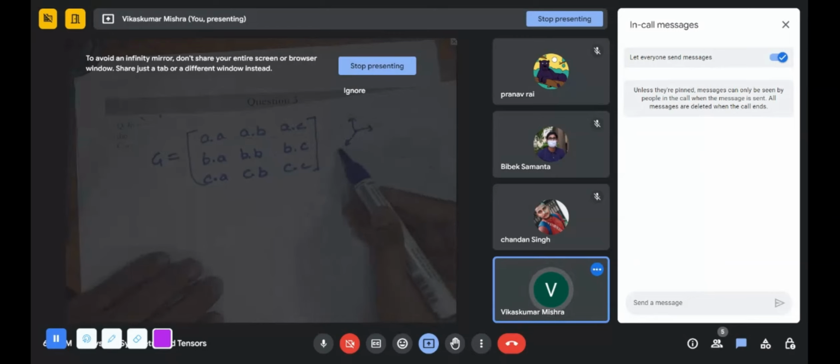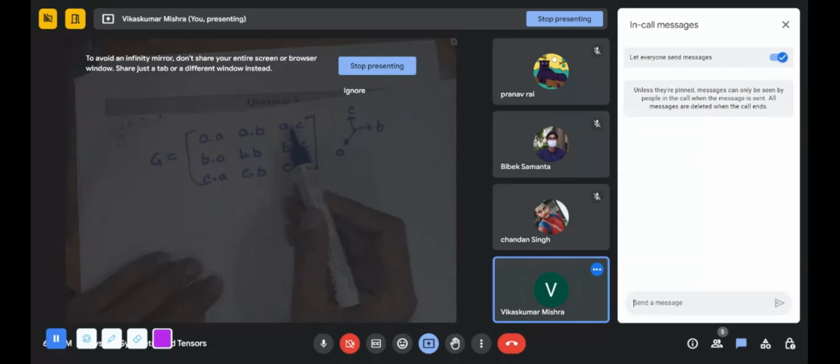All of them are equal in magnitude and orthonormal in direction. So the dot products AB, AC, BA, BC, CA and CB will be 0.